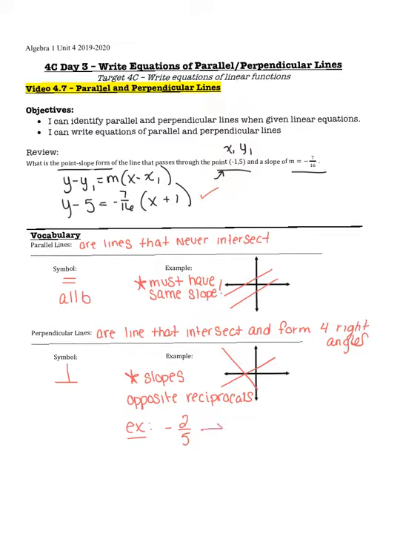Perpendicular to that, not only would it be positive, but I would flip it around and make it 5/2. Or let's say I had a whole number. Let's say I had a slope of 4. Well, the opposite reciprocal of that would be now negative, and the reciprocal of 4 is 1/4. So we can use that information to identify parallel and perpendicular lines as well as write equations.